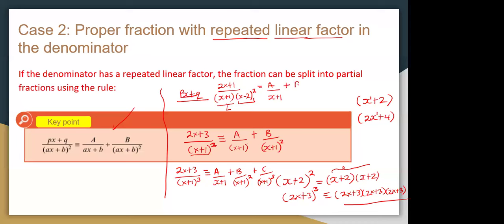Then plus b out of x minus 2, then plus c out of x minus 2 power 2. So you expand it in bits until you reach the highest power. This one means you write it 2 times. In case it is 3, the part that is repeated will be separated into 3 times. Class, are we on the same page?